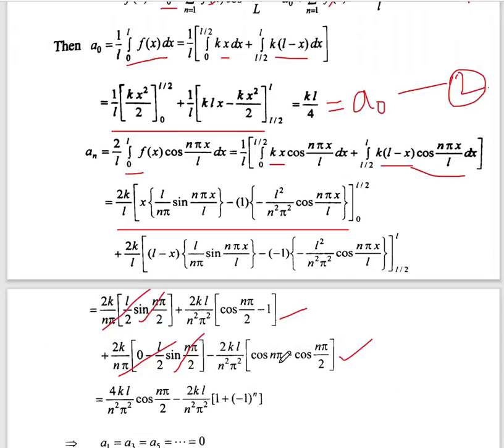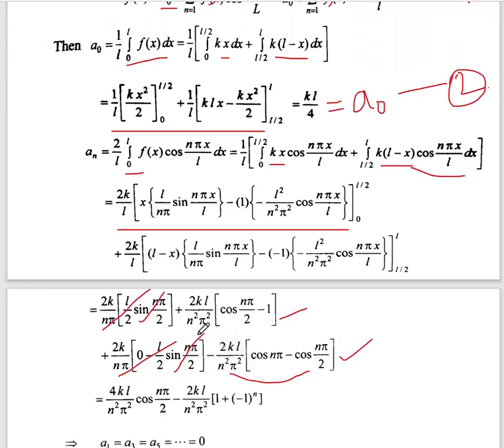So what is the remaining term? That is 2kl upon n square pi square cos n pi by 2, and multiplying by this term we get minus minus plus 2kl upon n square pi square cos n pi by 2. This two times and this two times, adding, we get 4kl upon n square pi square cos n pi by 2.